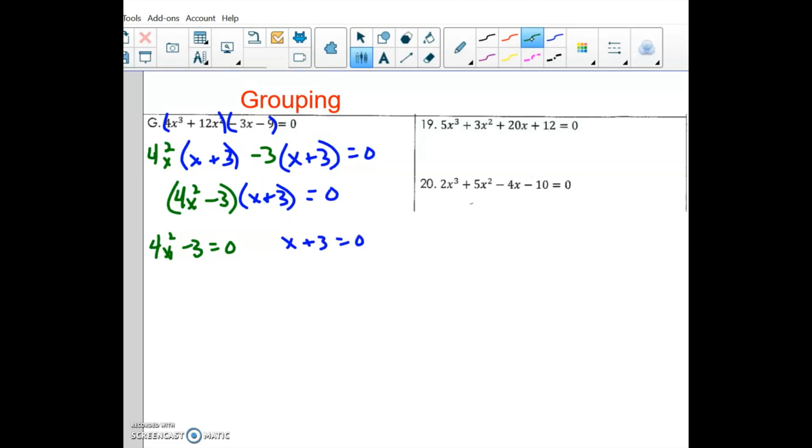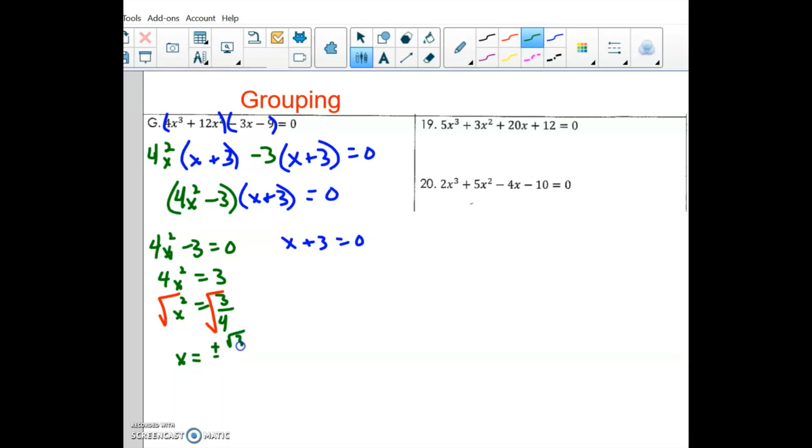So basically we're going to use SADMET to solve both of these. So 4x squared equals 3. We're going to divide by 4. x squared equals 3 over 4. No need to turn that into a decimal. Take the square root of both sides. x equals plus and minus, two answers.